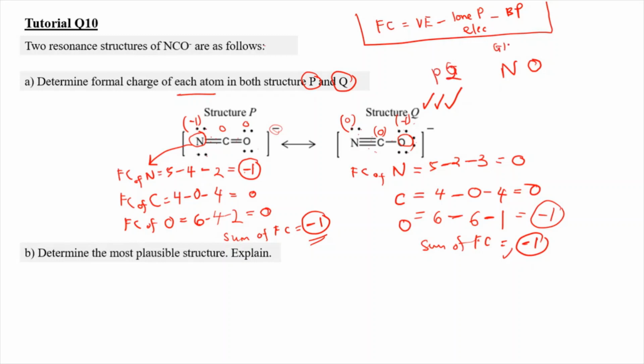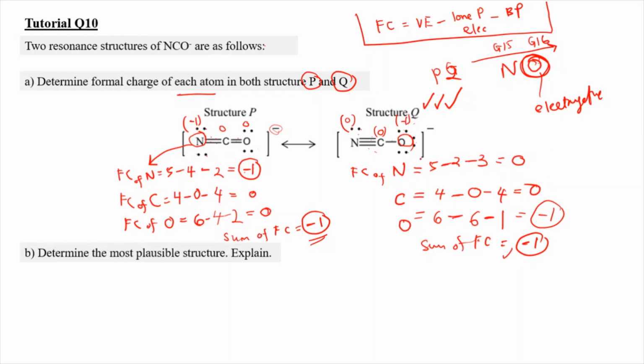So this one is group 15 and this one is group 16. Across a period, the oxygen gonna get more electronegative. So dia adalah more electronegative in comparison to nitrogen. Jadi seharusnya the oxygen will take up the negative charge.